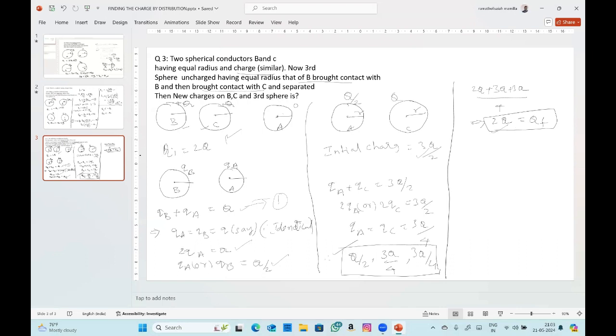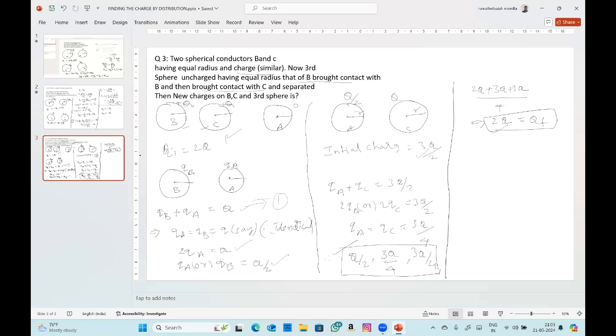Now A is in contact with the second sphere, that is C. So now the initial charge in this system is 3Q by 2, Q plus Q by 2. If it is minus, then it will be minus Q by 2. So that is adding. Charges are scalar, so only simple addition takes place, no vector addition. After conduction takes place between these two, the charges remaining on A and C are QA and QC respectively.